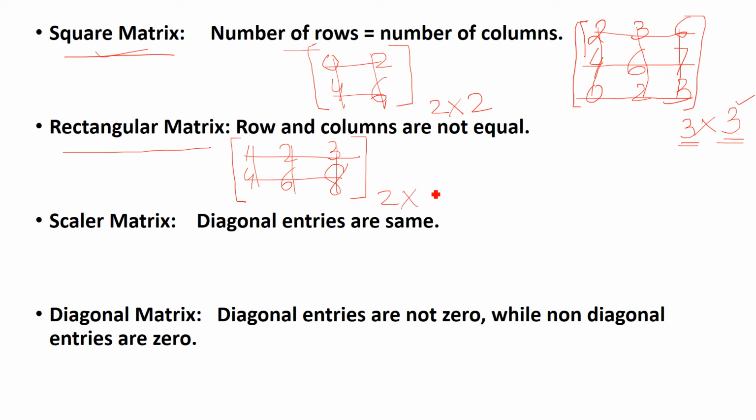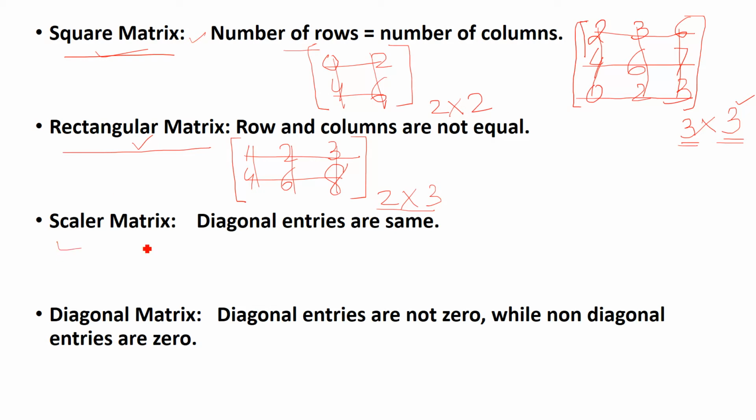So see, number of rows and number of columns are not equal. So this is called the rectangular matrix. Clear? If the number of rows is not equal to the number of columns, then it is a rectangular matrix. Number of rows equal to number of columns, so it is called the square matrix.